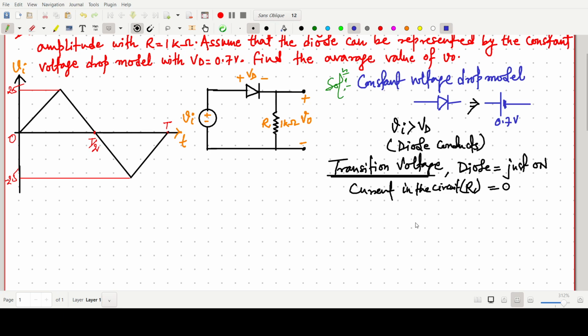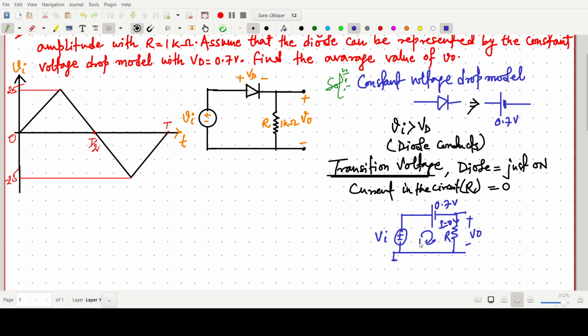The diode is simply replaced by its 0.7 volt, the resistance stays the same, then this current I will be 0, and this is Vi.